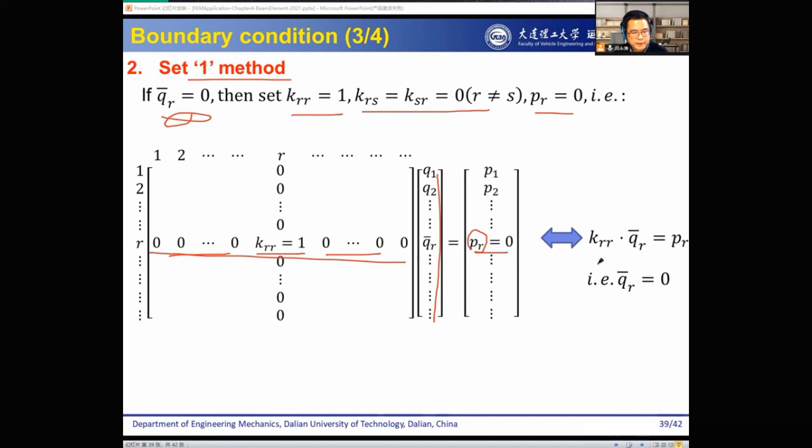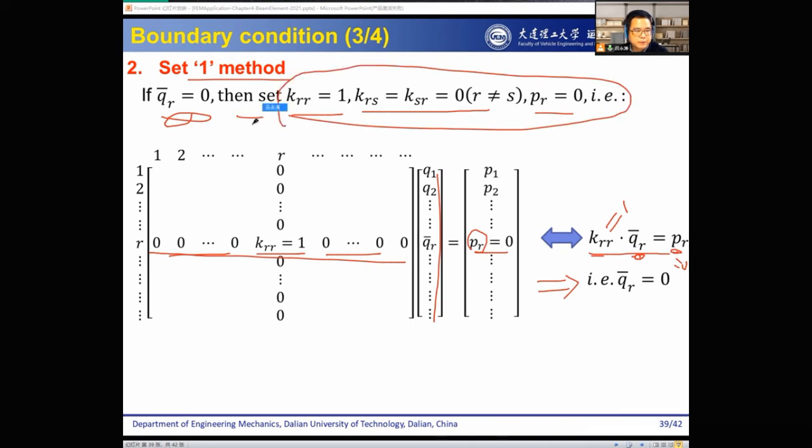Then we get QRR times QR bar equals PR. Because we have set this to 1 and this to 0, this equation means QR bar equals 0. So setting up these parameters is equivalent to QR bar equals 0. By setting those up, we have considered these boundary conditions.